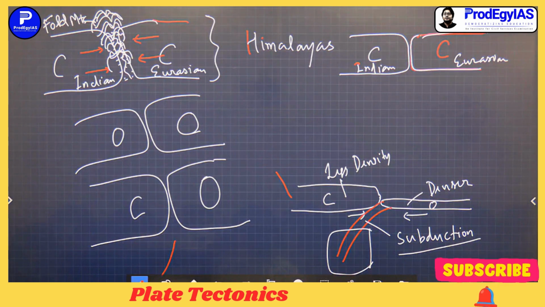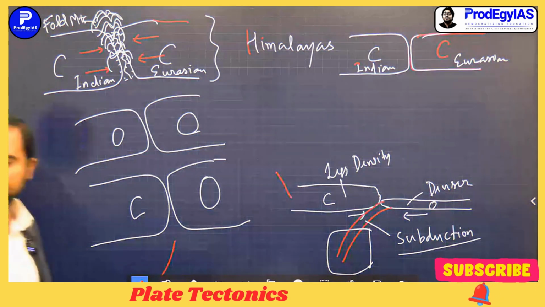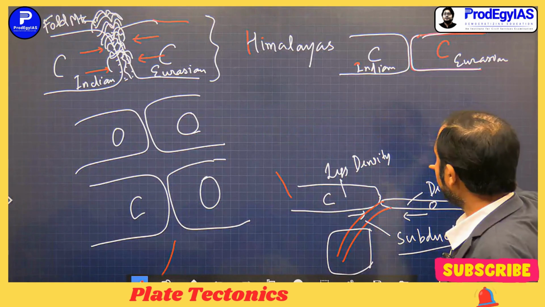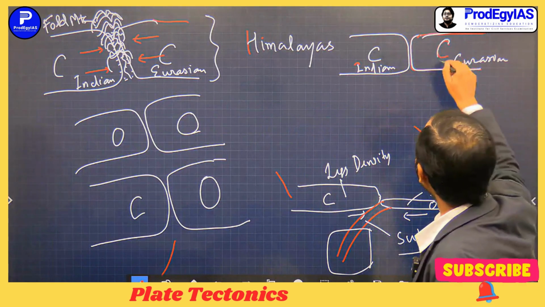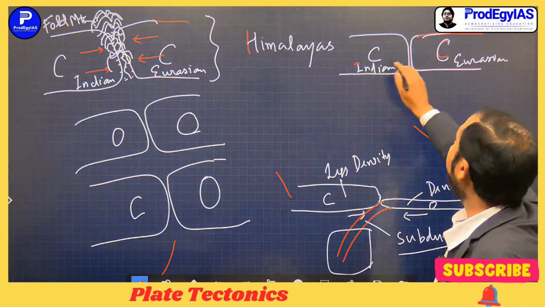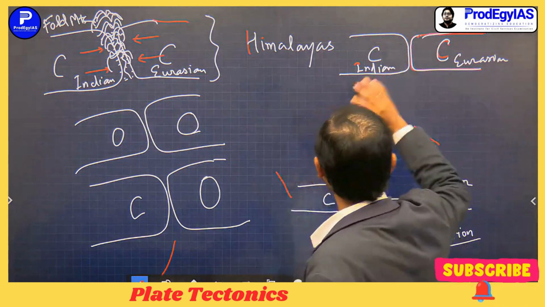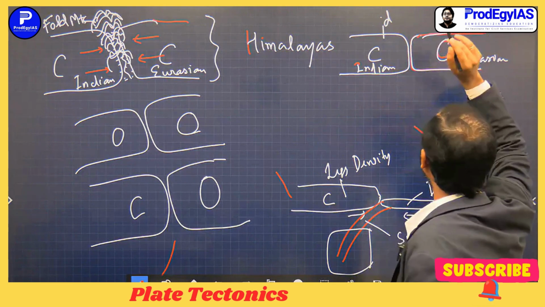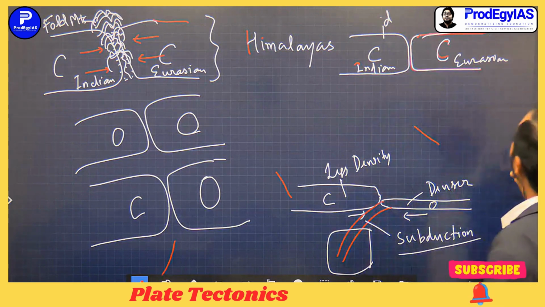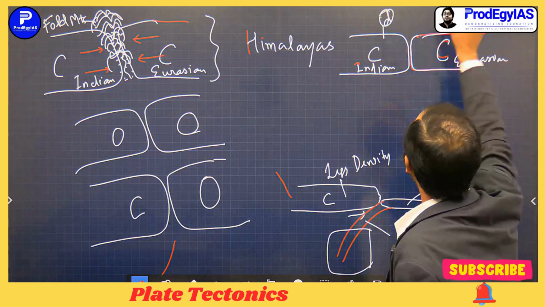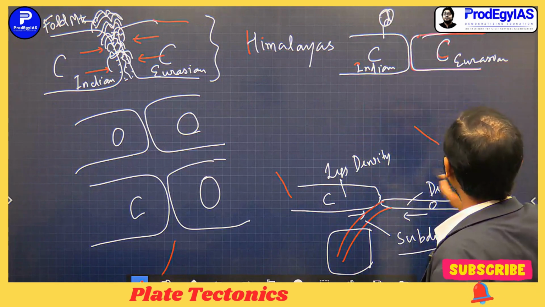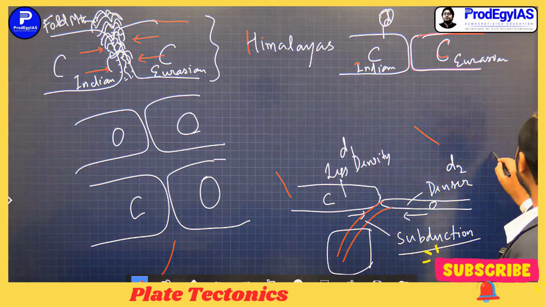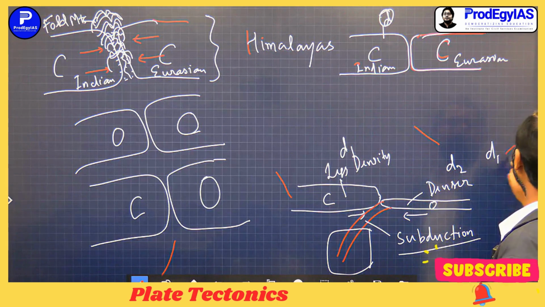I'm explaining that doubt only. If both the plates are continental plates, there is no chance of subduction because the density is the same. If here is D, here is also D. If this is D1 and this is D2, then D1 is less than D2.